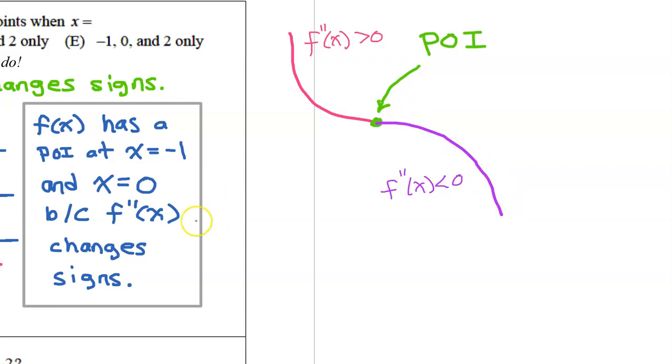So therefore, if the second derivative changes signs, for example, if the second derivative goes from positive to negative, then that means the concavity went from concave up to concave down, which would give you a point of inflection. Just wanted to make sure you understood what's going on behind the scenes.